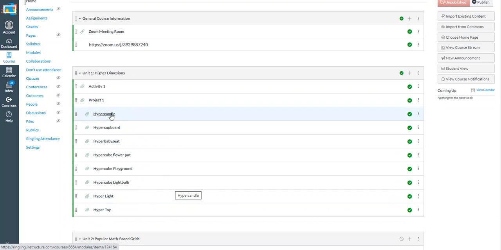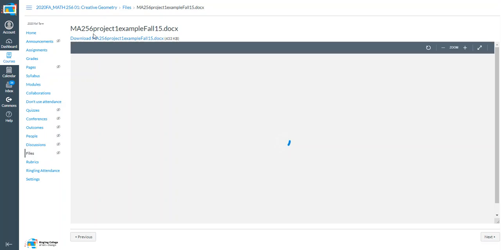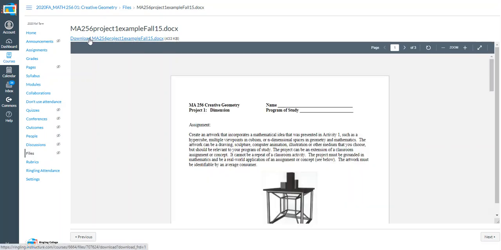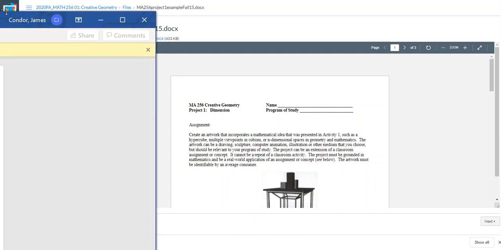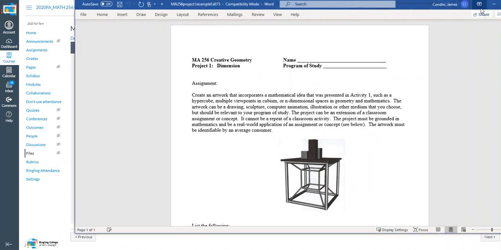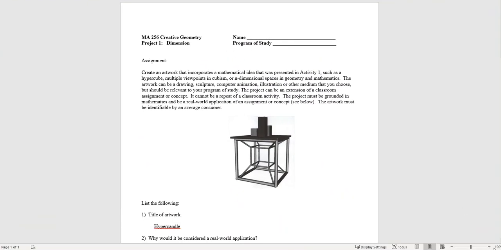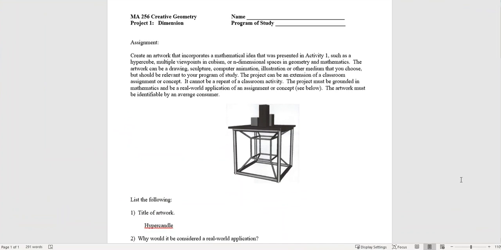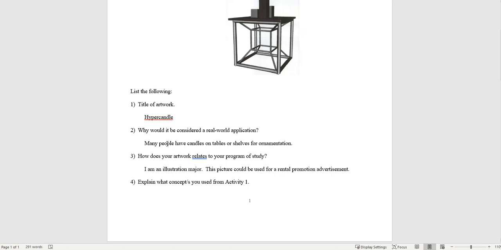So for example, let's look at this hyper candle. Here's a project that a student had turned in. Basically they just called it hyper candle, and they had candles on a table.